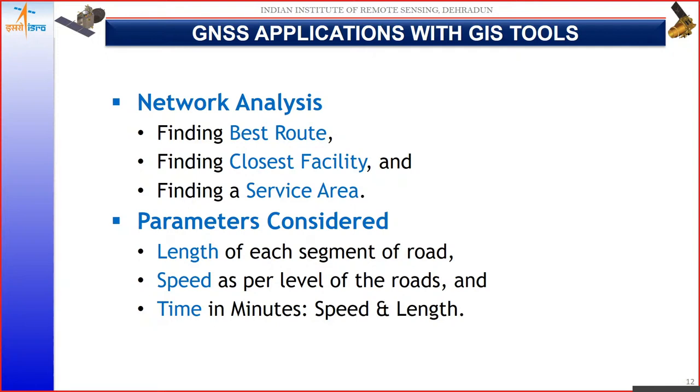If one wants to traverse between two points, what is the best route? What is the nearest facility available to my place? How much is the service area? For a school or hospital, as per the government of India or any other norms, what is the service area, and which is the area devoid of the service, where people have to walk along?